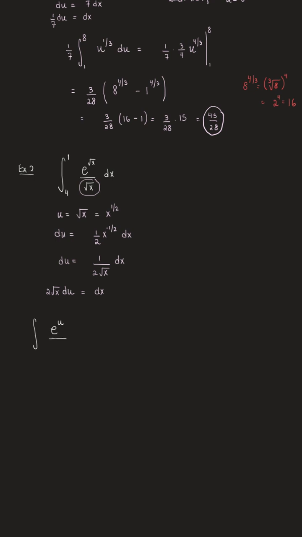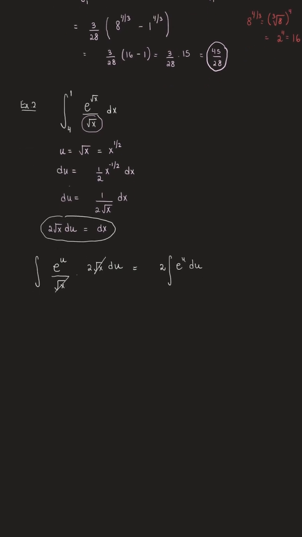We could put a u in the denominator since we have a square root of x in the denominator, but I also can see that this differential is going to help me take care of that root in the denominator. So I'm going to keep this as the square root of x and substitute for dx, 2 square root of x du. And here you can see that the square root of x terms will cancel out, and we have 2 integral of e to the u du.